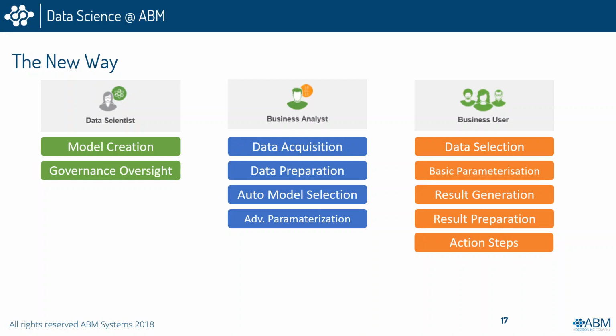they're just used in ways that are not so siloed off with the data scientists here on the left-hand side. The data scientists of the future should be involved in a lot of those things, but hand off a lot of that so that they can just focus on things that they're really good at, i.e. model creation and also governance oversight in terms of the types of models selected.